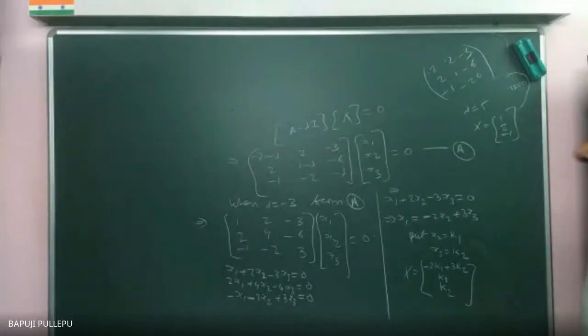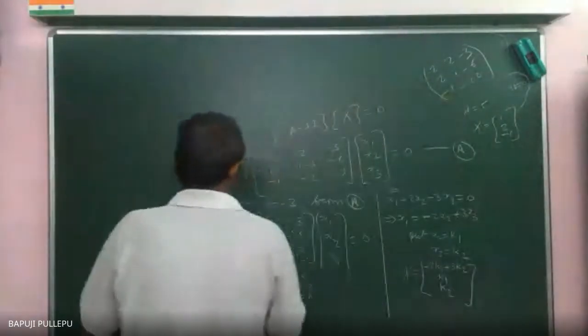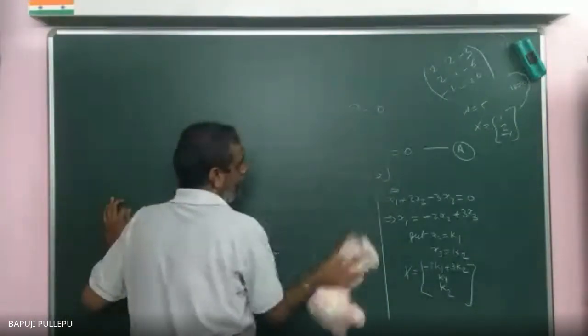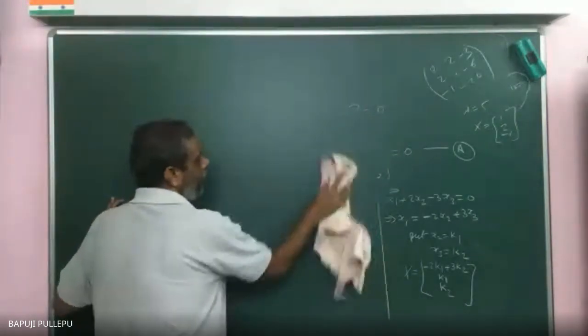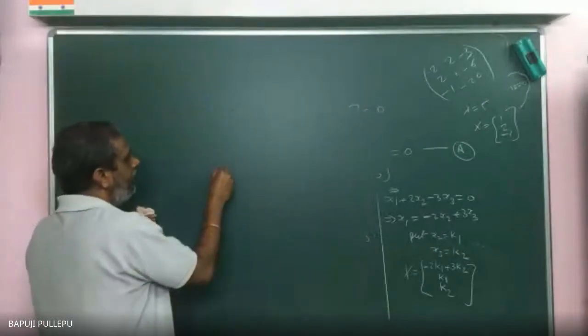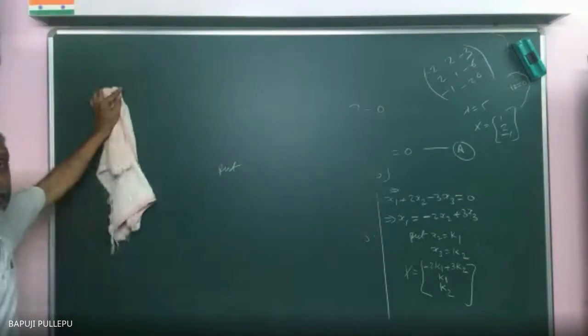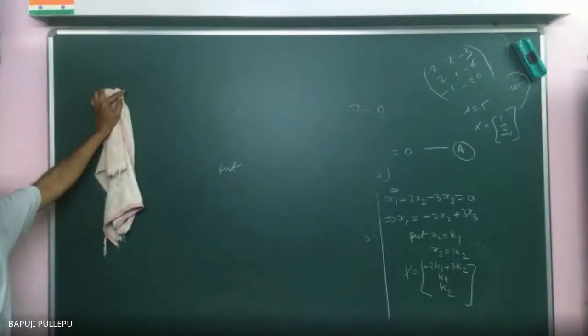Yes, sir. Now we see. I will start playing. Once I reach there, I want to get two eigenvectors, because for lambda is equal to -3, it is repeated two times. So I want to get two eigenvectors for lambda is equal to -3.